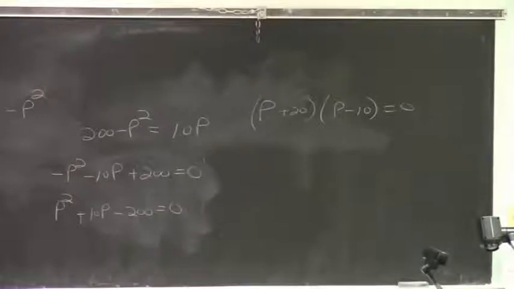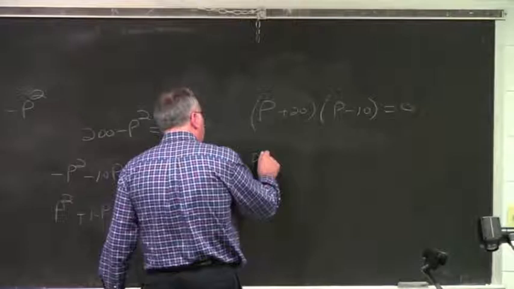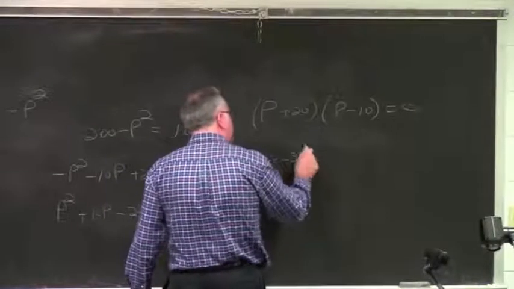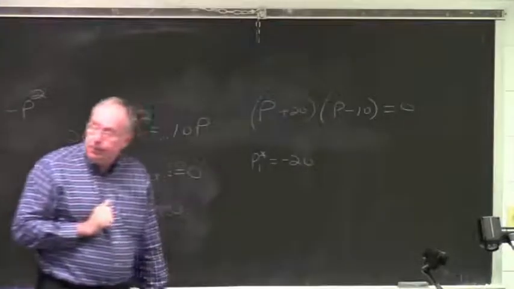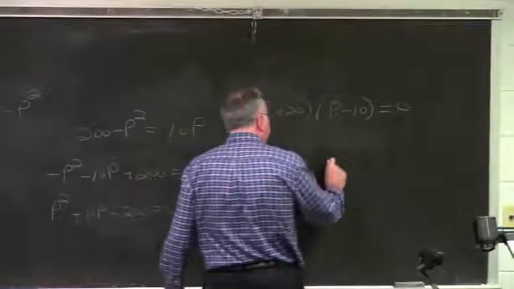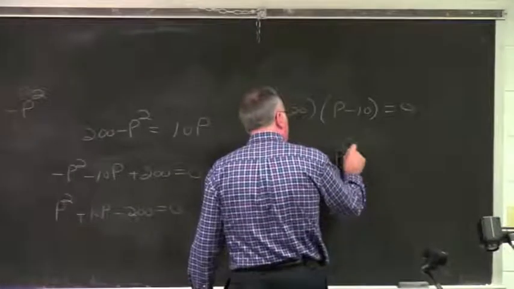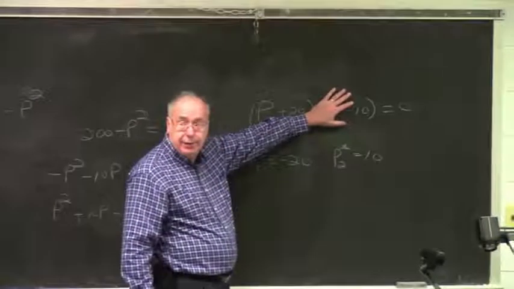The two roots are p1 star equals minus 20. See, if this were minus 20, this term right here would be a 0. The other root is p2 star equals 10, because if p2 star is 10, this second term is 0.